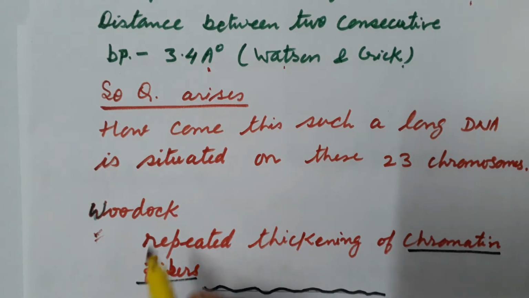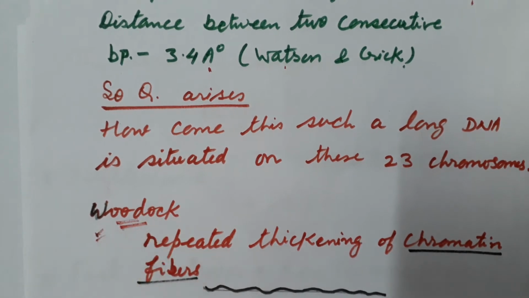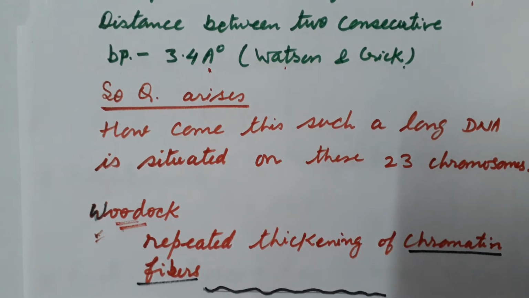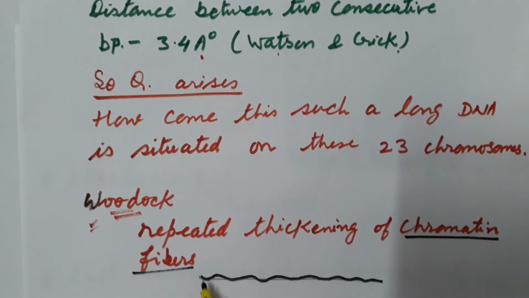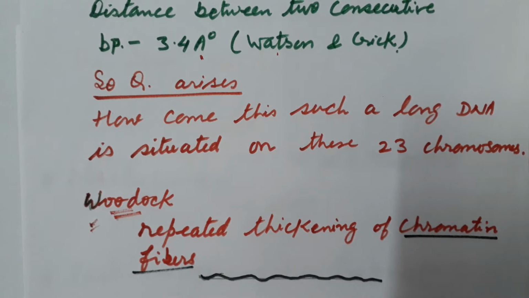A scientist named Woodcock showed that there are repeated thickenings in chromatin fibers. When we normally draw chromatin fibers, we simply draw a thread or a line diagram.